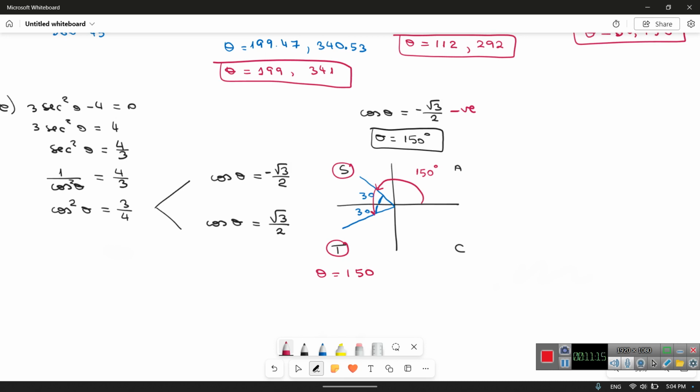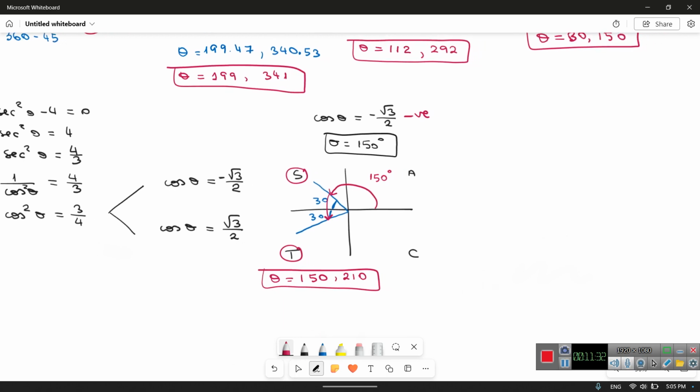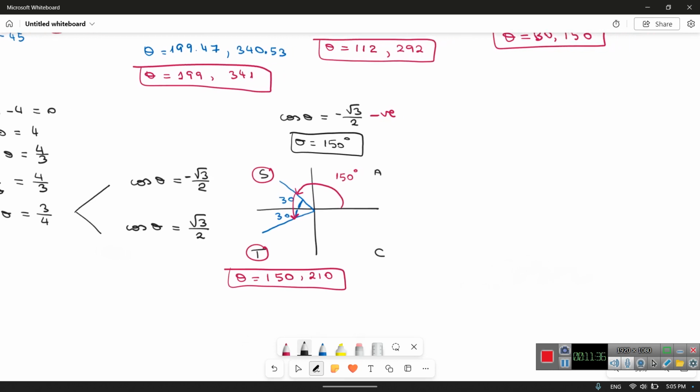The second angle is going to be 180 plus 30 degrees, so 180 plus 30 is 210 degrees, and I'm not going to go over 360. That's one set of solutions.